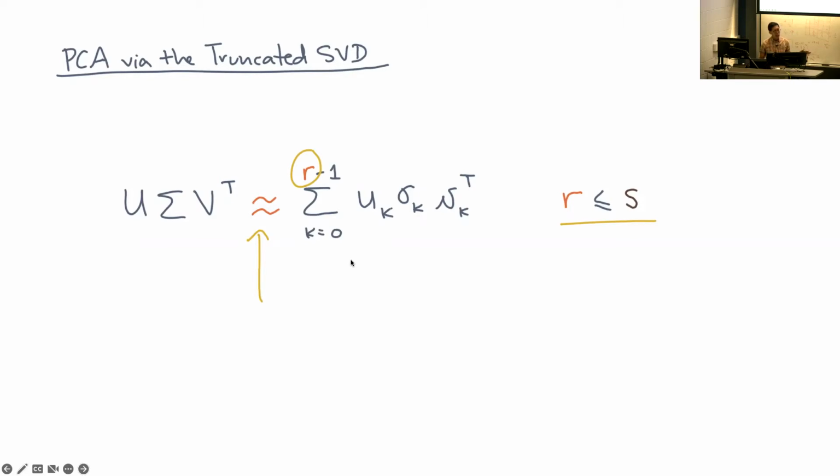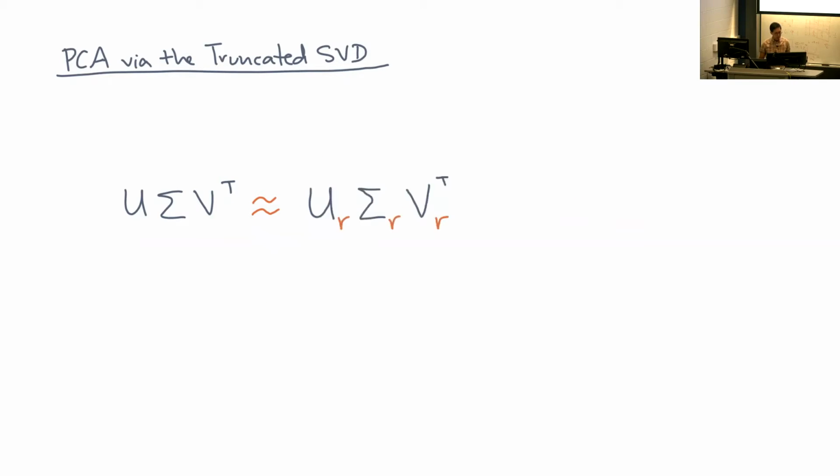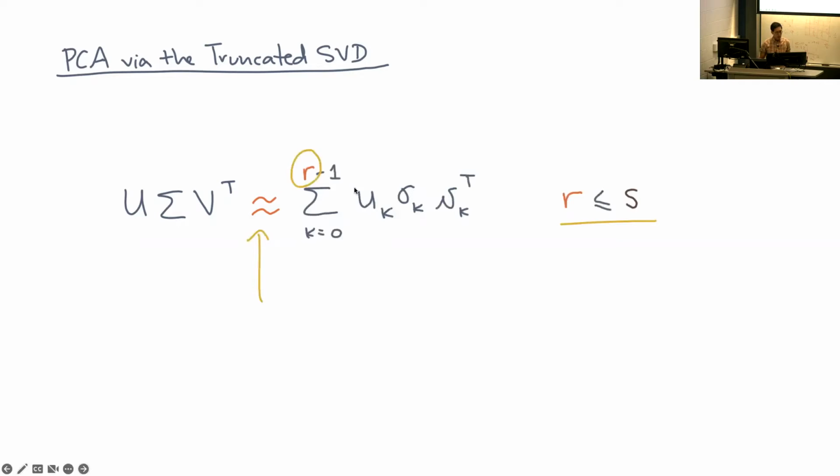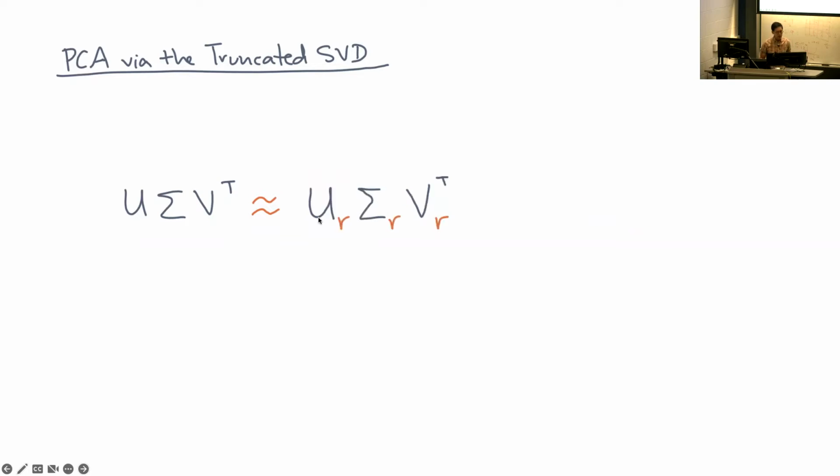And it's not just any approximation. If I terminate this sum at r minus 1, so I pick some r that is less than s, then I've taken this decomposition and approximated it by a truncated version. So I take U and keep only the first little r columns and throw away the rest.